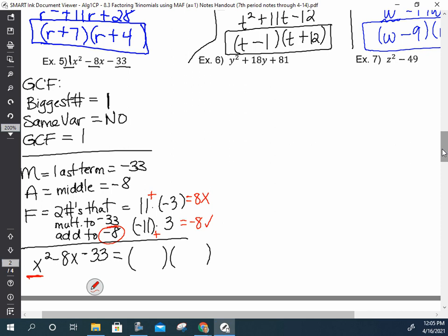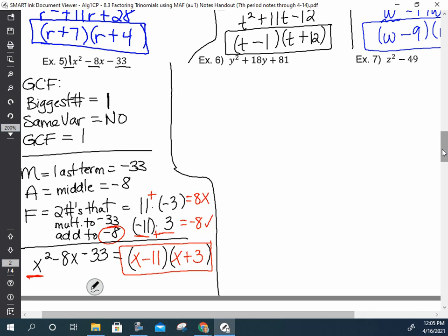You start with the variable, it goes first, with an X in each parentheses, and then take your two numbers and put them in the parentheses. So that's your factored answer.